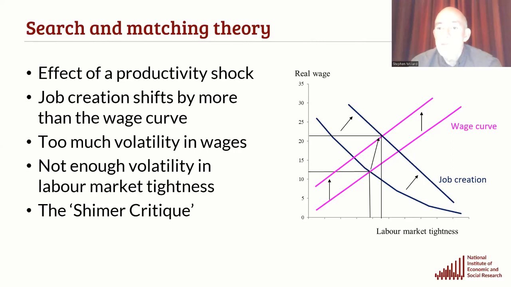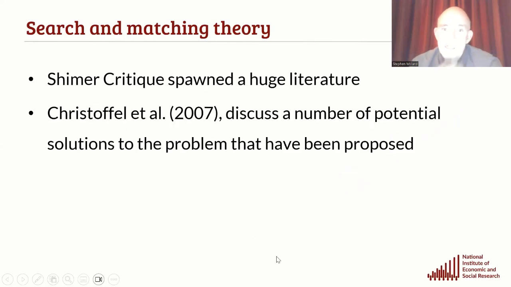But it was Shimer's paper that really brought it into the mainstream of economic thinking. And the Shimer paper then spawned a huge literature. One paper of which, Christoffel et al., involves 7 authors. I'm one of them. And we discussed a number of potential solutions to the problem.